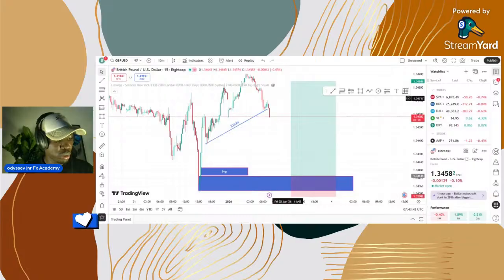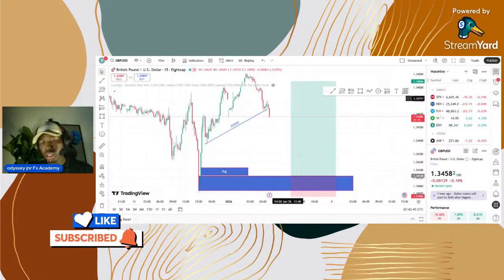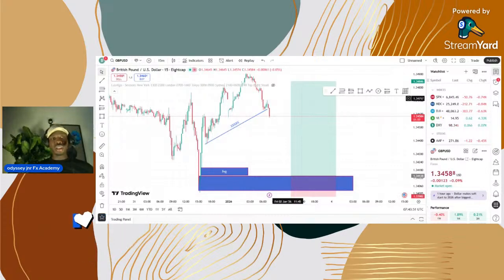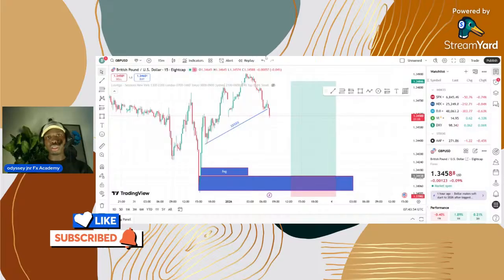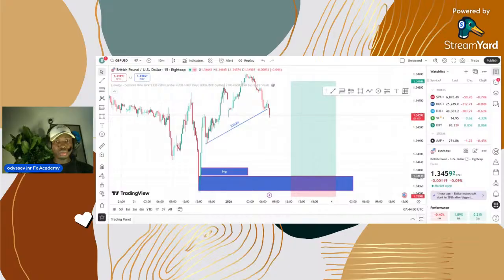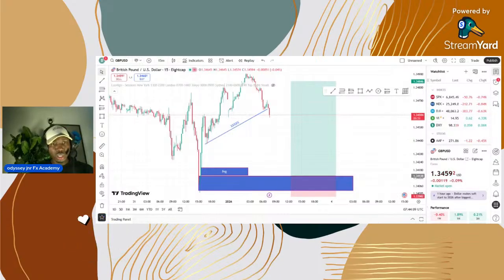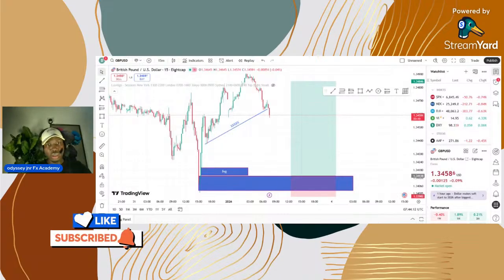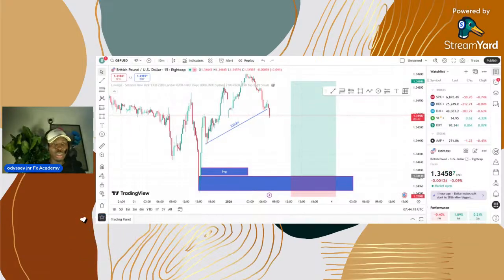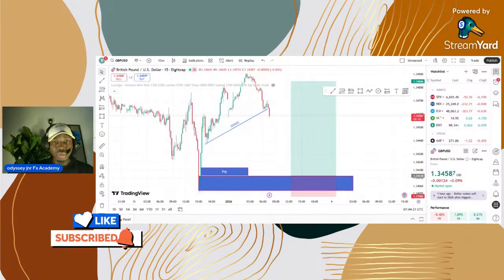We're expecting this market, seeing that our market was bullish, to play out like this. You can drop your comment on the comment section so that we know what you think also.